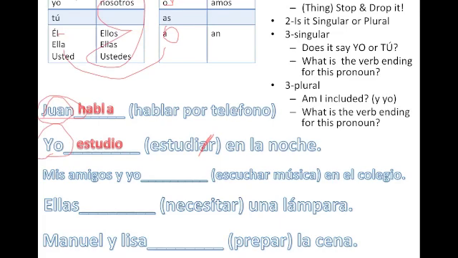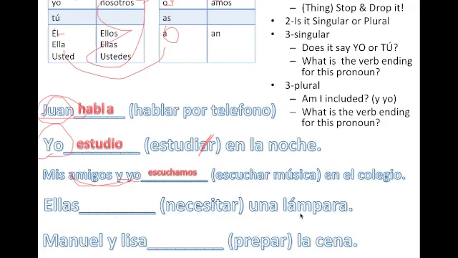So which one includes me? That would be nosotros. Anytime you see y yo, that means and I, which means that it must have been someone else and I. And that's always going to be nosotros. So which verb ending do we want to use? The same spot on the other chart, amos. It's going to drop the AR on escuchar and put the amos.